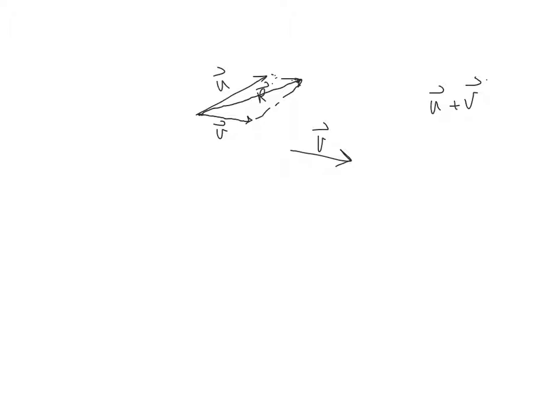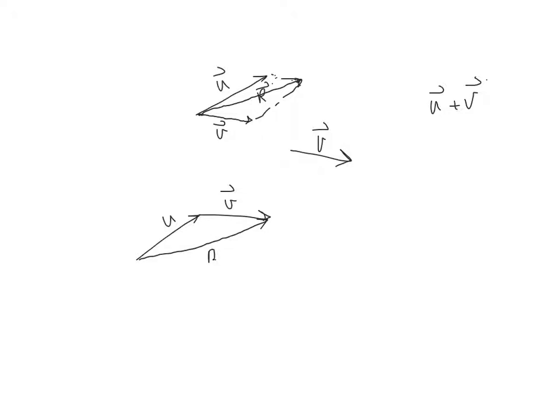So again, to repeat what we have covered so far, if we have to add two vectors, either we can attach the head of one to the tail of the other one, like this, and then connect the tail of the first one to the head of the second one.